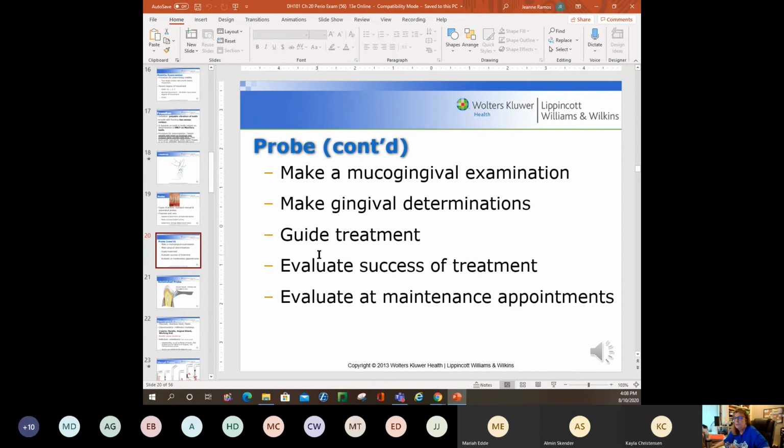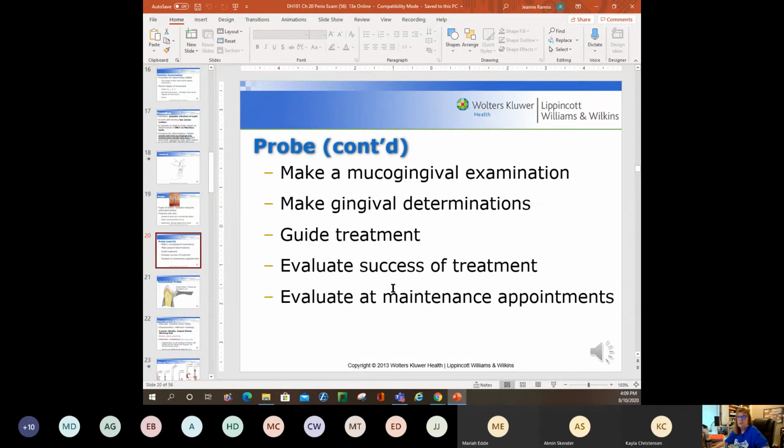It's going to absolutely guide your treatment, depending on what their pockets are. It depends on whether they get a 6-month cleaning or whether they're going to be in for SRP. Sometimes they don't have much calculus at all, but they have deep pockets. They're an SRP patient. It's not only just heavy calculus.